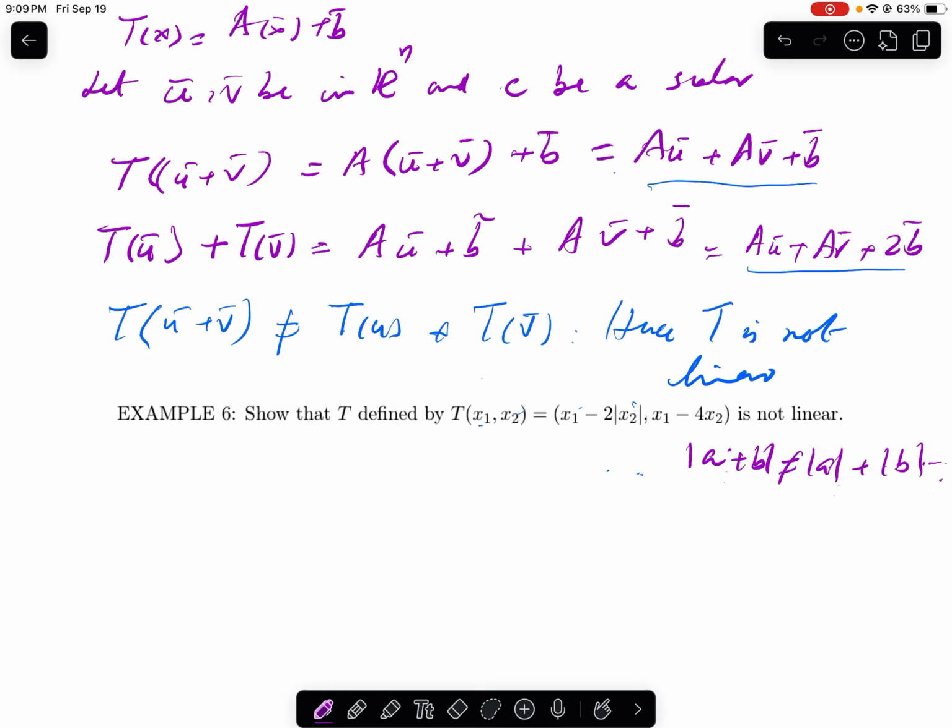Okay, so we again start by using our T of u plus v. So let u equal (u1, u2) and v equal (v1, v2). Now I could take x equals (x1, x2) and y equal (y1, y2), or u and v, it doesn't matter with the names of the vectors. We have to look at the property.